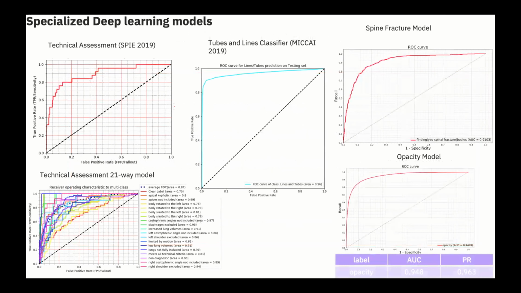For the methodology we used, initially we tried to develop specialized deep learning models, thinking that it's better to divide up the problem and focus on each of these. Some of the machine learning models we built are models for normal abnormal discrimination, tubes and lines classification, technical assessments. Each of them can have their own applications.